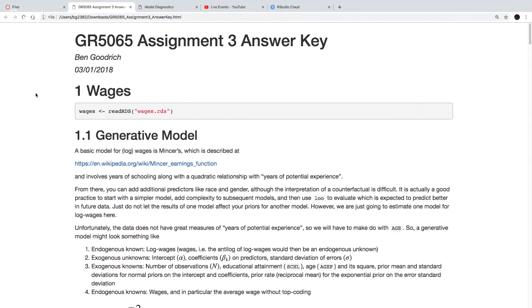And this one for microeconomics, labor economics, is really one of the most basic ones that you could and should be familiar with.